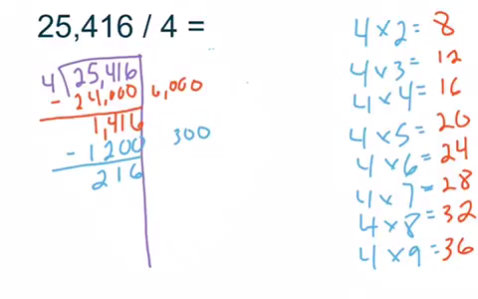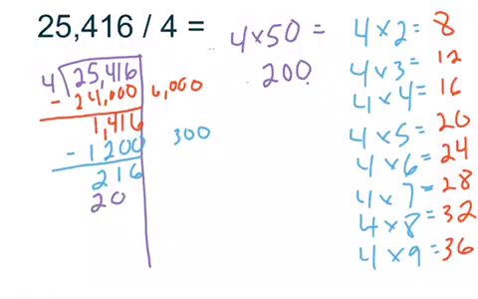In saying 4 times 5 might give me 20, but if I want my answer to be around 200, I'm going to want to multiply by 50, and say 4 times 50, well, 4 times 5 gives me 20. Place that 1 0, 200. So over here I say my next partial dividend is 200, and the way that I got that 200 was by multiplying by 50. So I write my partial quotient off to the side. I subtract to see what part of my dividend I'm left with.